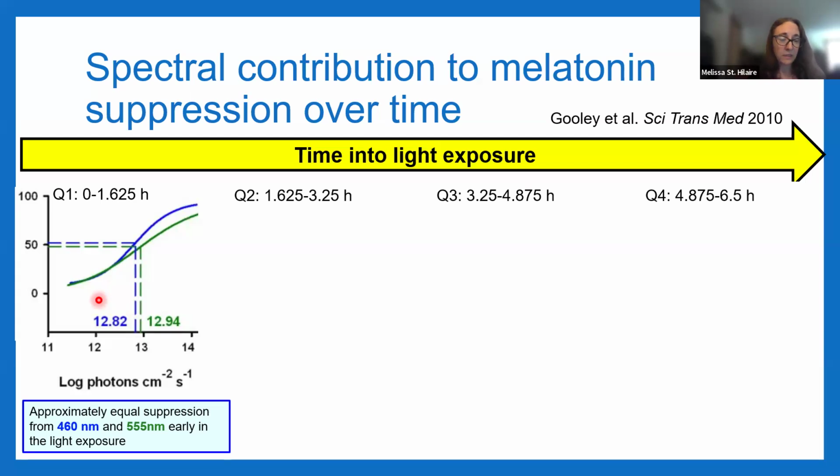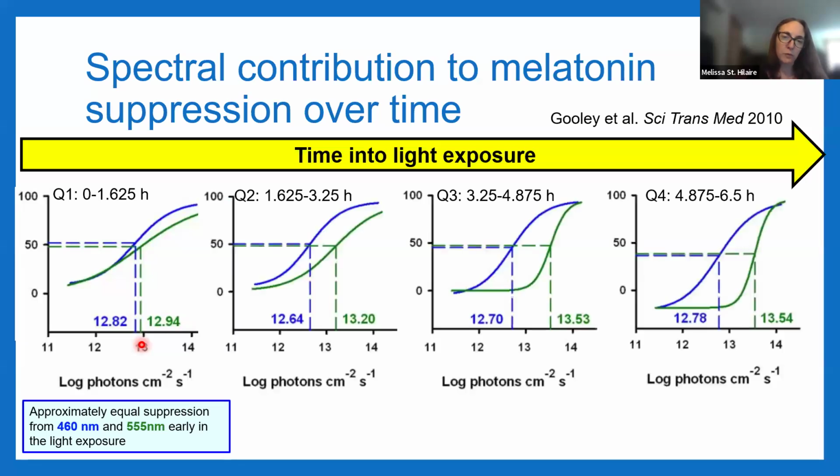And this is pretty consistent with what we saw in those figures, that we initially saw a pretty prompt suppression at 555 that then eventually returned back to baseline levels of melatonin. But early on in the light exposure, we see equal suppression.